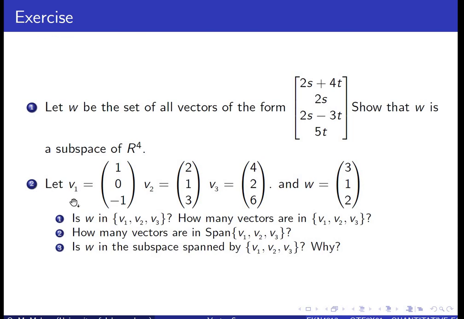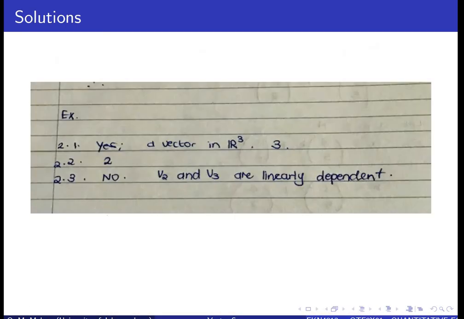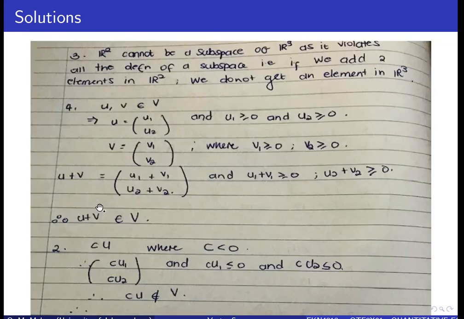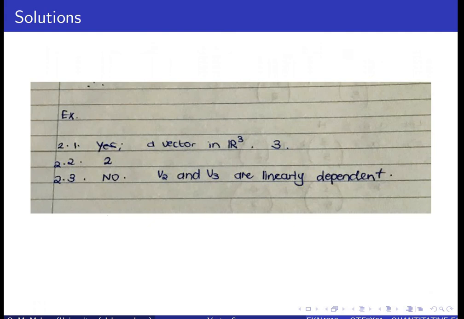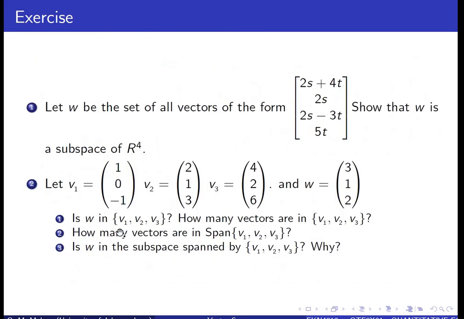Okay, then we have number 2. W is defined as (3, 1, 2).